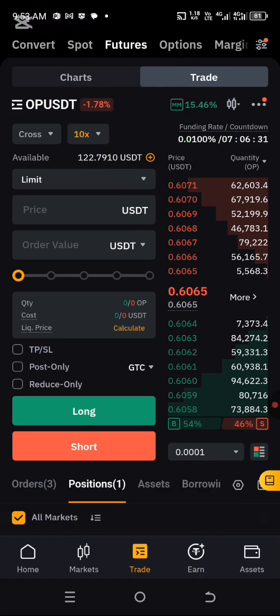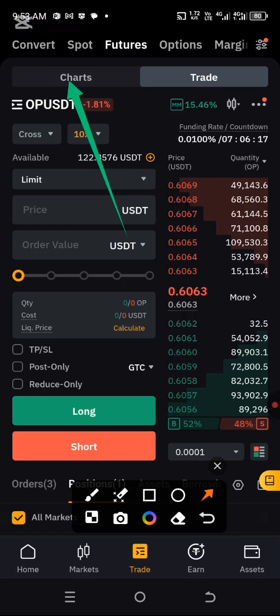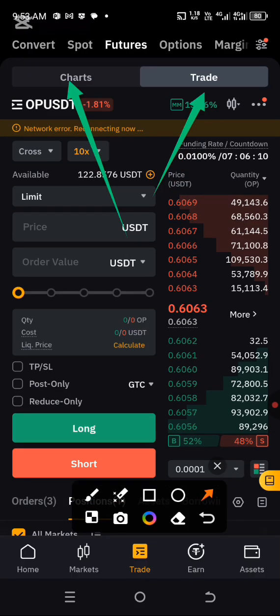All right, now see this button here, you can switch to see the chart of your trade, and to see how your trade is performing. All right, here is where you change the amount you want, the leverage percentage you want to use, and here is where you change from isolated or cross margin account you want to use.